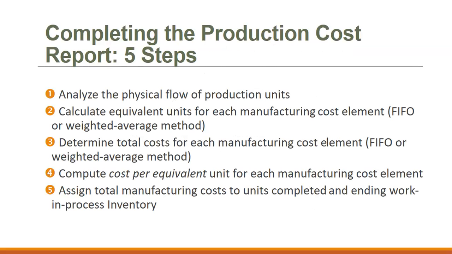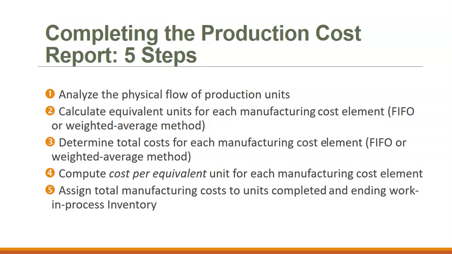In the production cost report, we have a 5-step process. The first thing that we do is we analyze the physical flow of production units. How many units did we have in process at the first of the month? How many units did we start and finish during the month, meaning we did 100% of the work on those products, and how many units are partially completed at the end of the month.